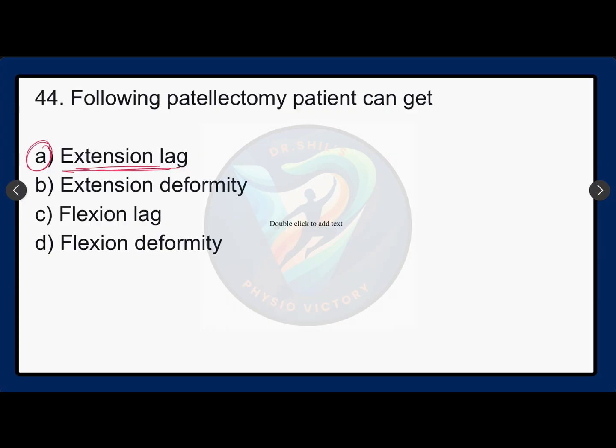The patella acts as a pulley to increase the mechanical advantage of the quadriceps. So after patelectomy, quadriceps efficiency basically decreases and knee extension becomes weak, so it leads to extension leg.